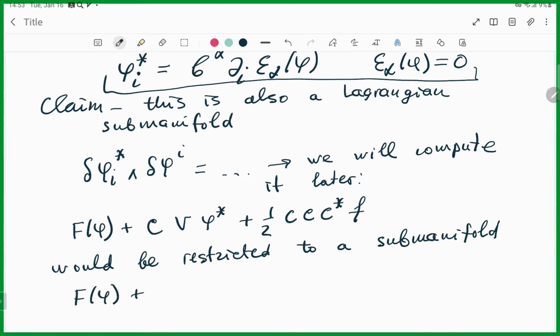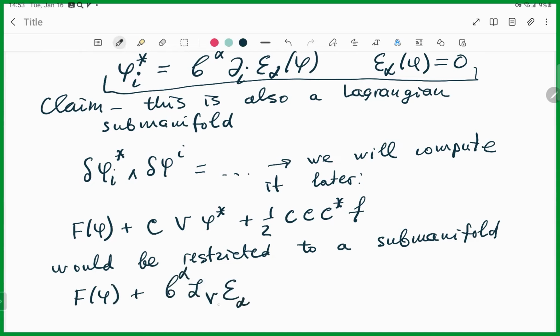It's interesting to see what we will get here. L_V of E, and here we will have B alpha V A C A. And here I will get a restriction to the equation that E alpha equals to 0.